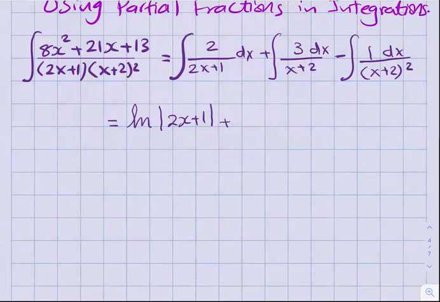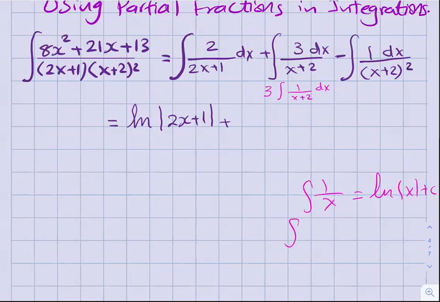I'll just write it in pink here to show you how you can deal with it and make it easier. It's 3 times the integration of 1 over x plus 2 dx. You deal with 1 over x plus 2 the same as you deal with 1 over x. If we have 1 over x, it's ln x plus c.